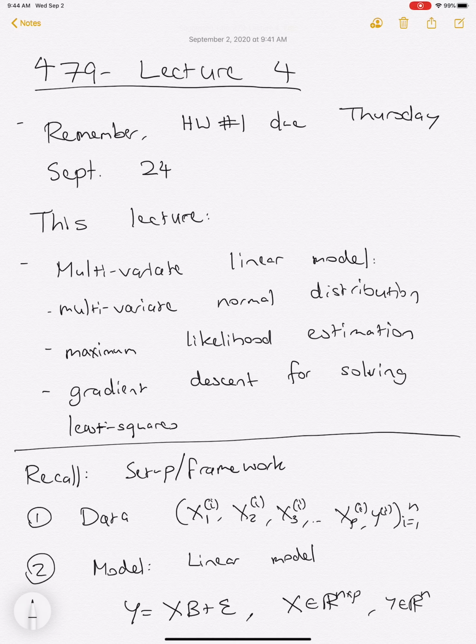Today we're going to look at another approach in the setting where things are multivariate normal, which is maximum likelihood estimation. Then I'm going to move on to how we solve these in practice, and one algorithm in particular that we'll go into a little bit of detail on starting today and then probably going into lecture 5 is the gradient descent algorithm.